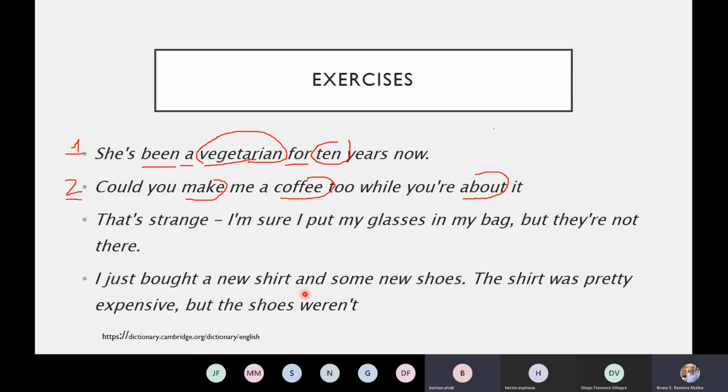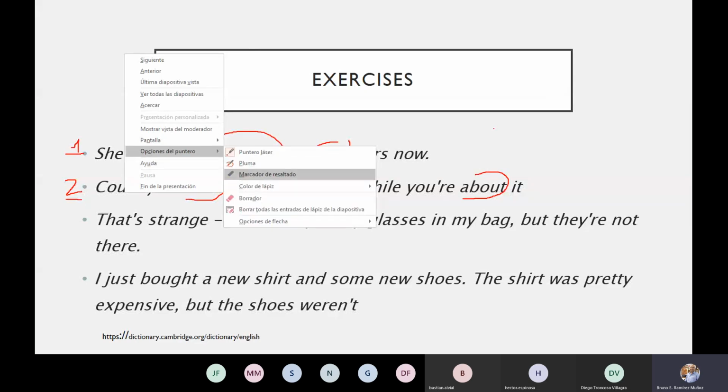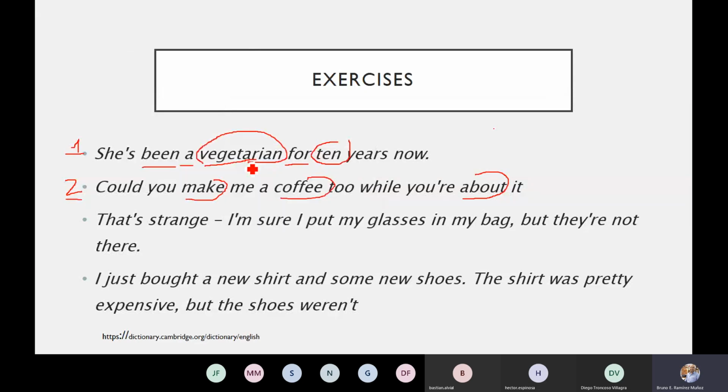I just bought a new shirt and some new shoes. Some new shoes. The word some is a function word, as I mentioned before. You can use a strong form and a weak form.